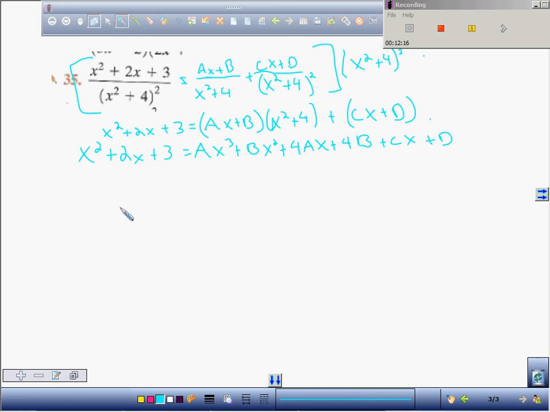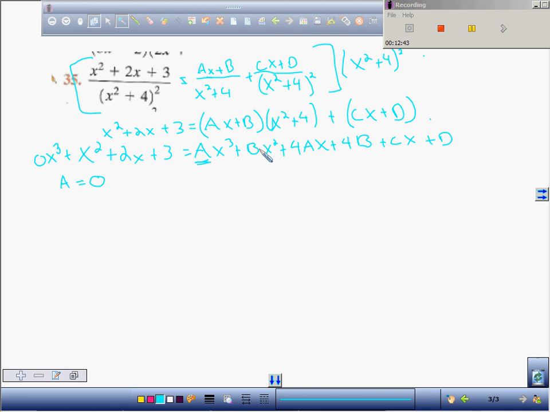Yes? So now what you know is that a has to be equal to what? Are there any cubed terms over here? No, so a has to be equal to 0, because it's like 0x cubed over there. So there's no x cubes on this side, so a must equal 0.